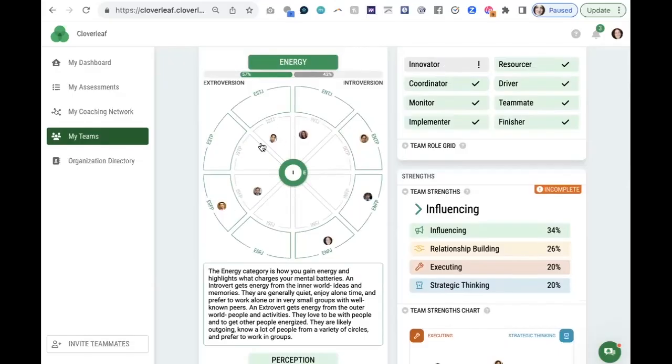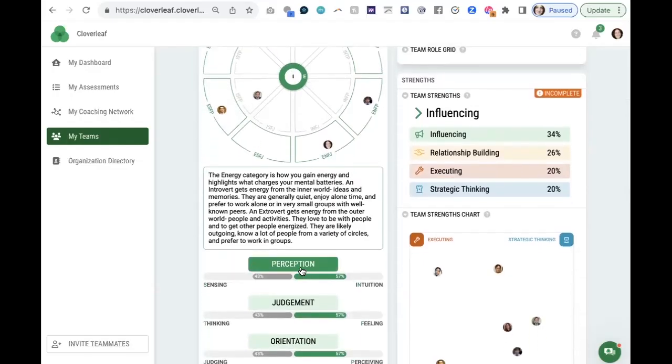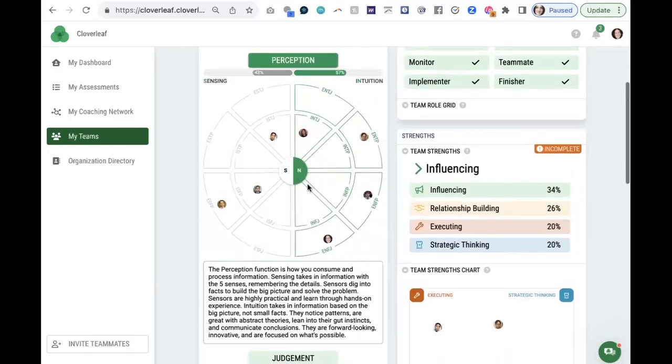And the way that it lays out in Cloverleaf, it's going to highlight the majority wherever the majority lies, right? And so there are more extroverts on this team. So it's going to highlight in green, the E's are on the outside, the I's are on the inside. And so as you're helping people understand in Cloverleaf where people lie, right? They're going to be able to see different individuals and where they are.